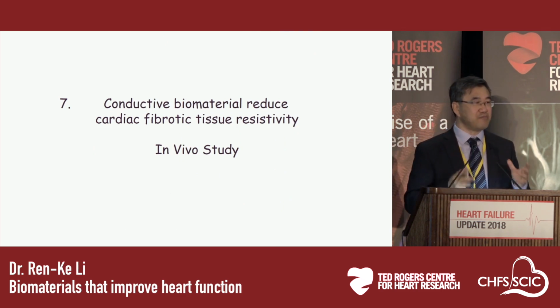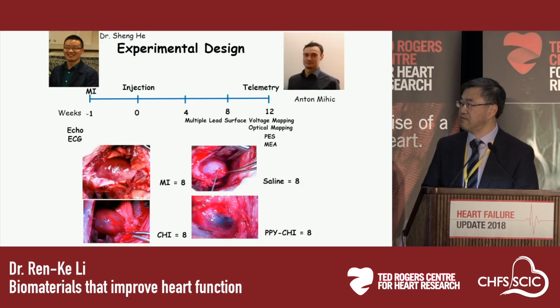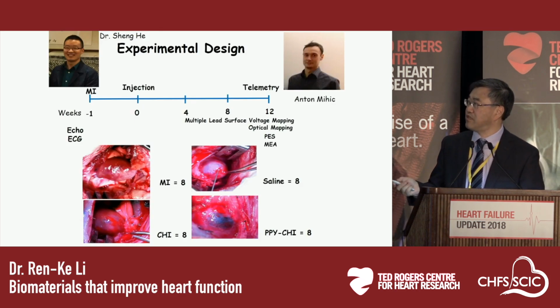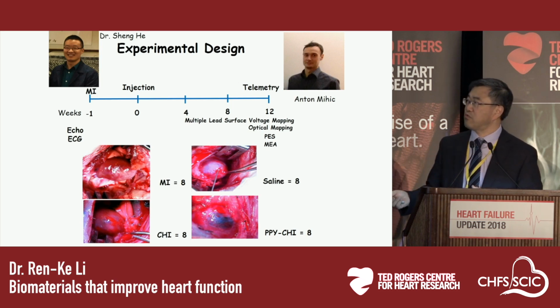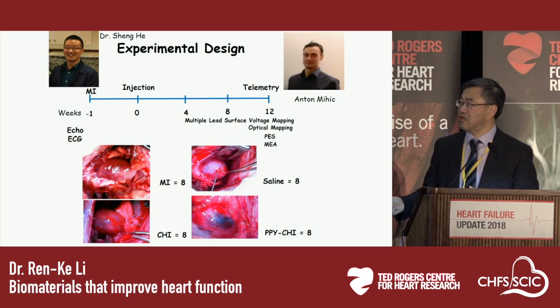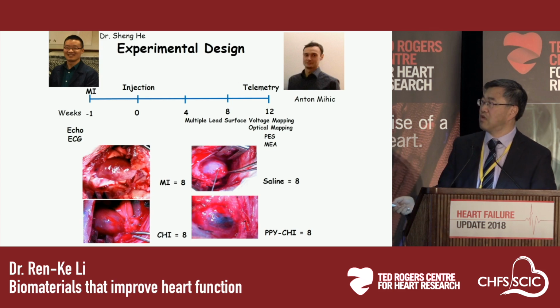Now, can this material work inside the animal, inside the heart? So this is a PhD student and the postdoc fellow working in the lab. We use an adult rat. First, we create the myocardial infarction, and you can see the scar tissue at the left ventricular free wall.